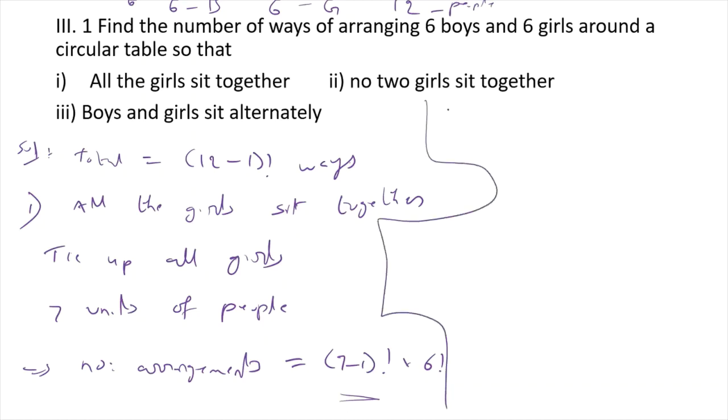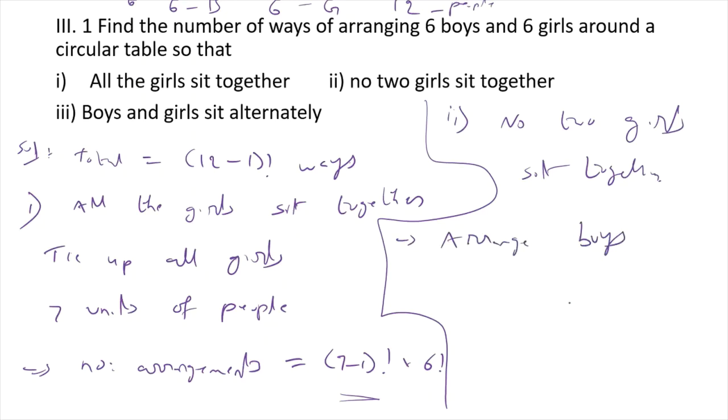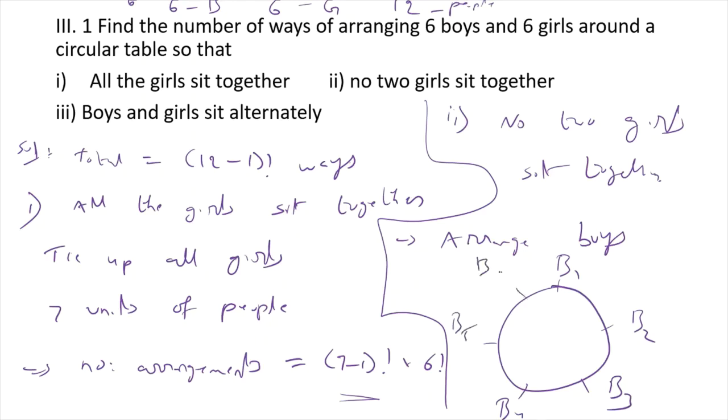Now coming to the second one. No 2 girls sit together. No 2 girls sit together means first you have to arrange boys. So we have 6 boys, B1, B2, B3, B4, B5 and B6.